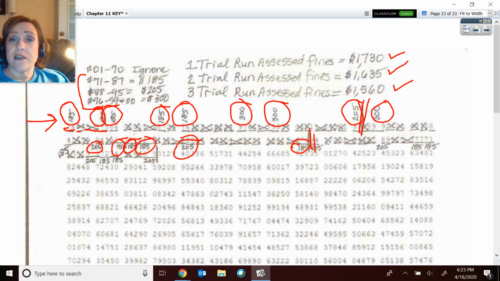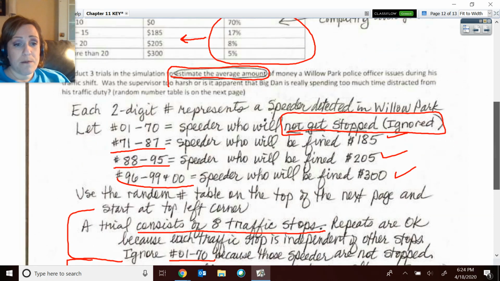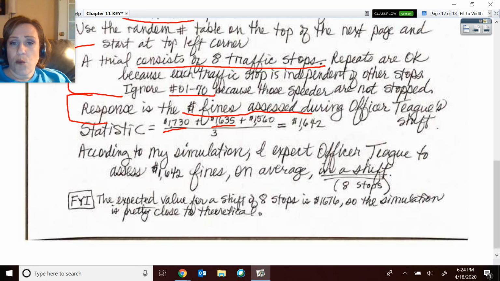So here are 3 shifts and the sum of the fines that were assessed. That gave me an average of 1,642. So according to my simulation, I expect the officer to assess about 1,642 in fines on average in a shift of 8 stops.